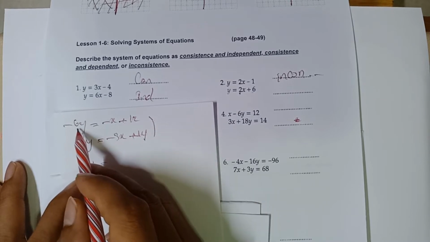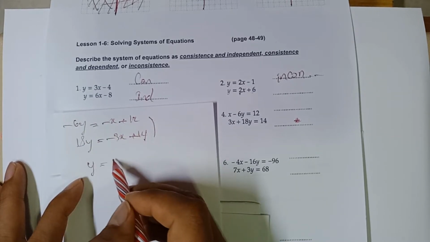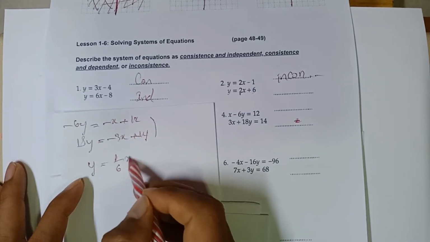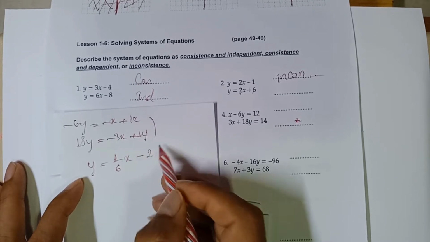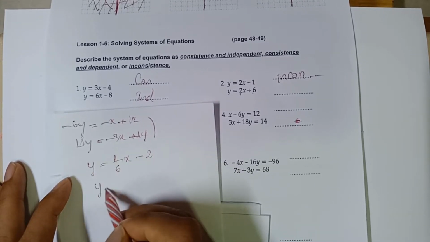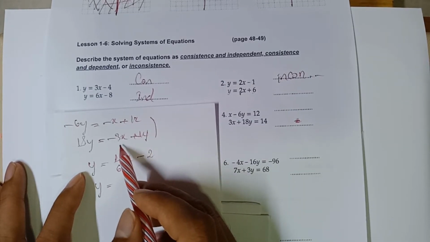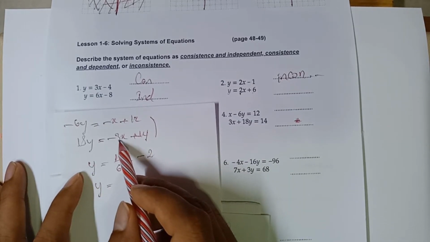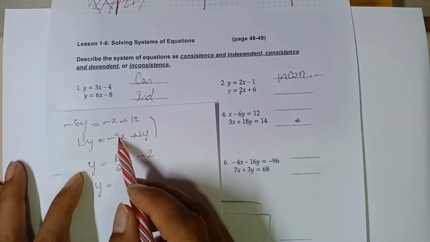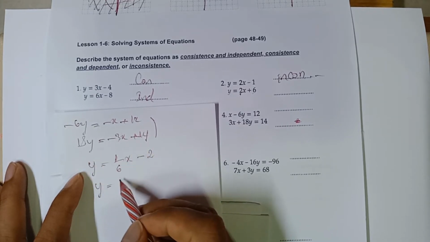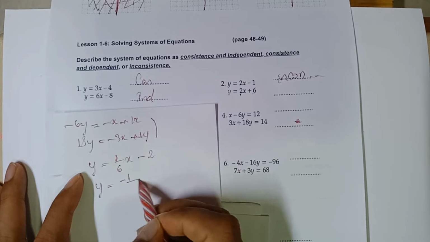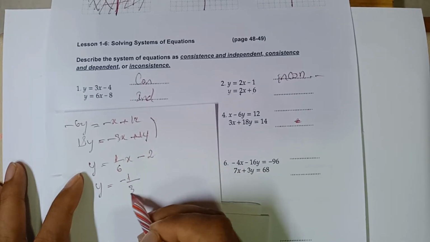Dividing by negative 6, I have y equal to negative 1 over 6 x minus 2. And for this part, if you simplify, you have negative 3 over 18, so you have negative 1 over 3 x.